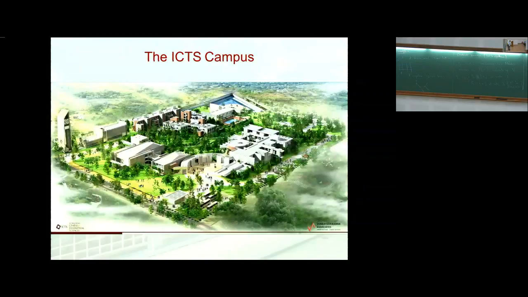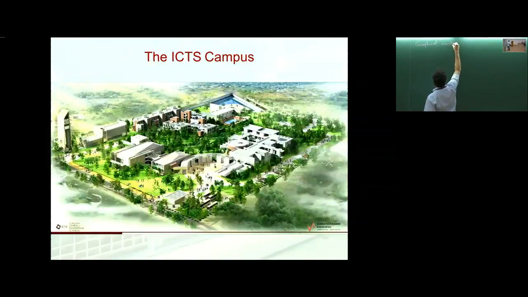Okay, and here's a graphical construction of the contact process. And this is very useful. So what we are going to do is, for each vertex in our graph, we are going to draw a timeline.